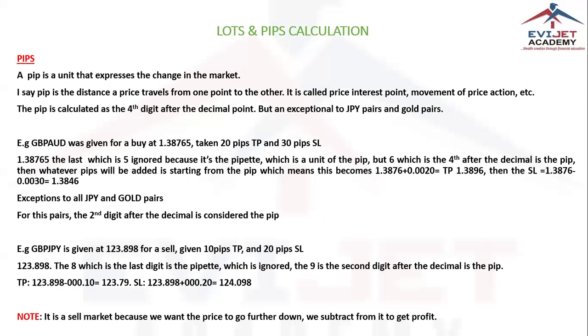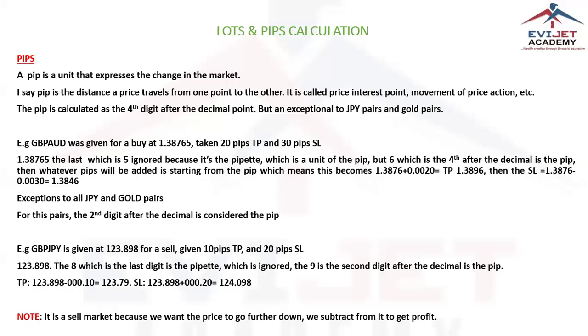So now let's look at this. In 1.38765, the last digit, which is 5, is ignored because it's called a pipette, which is a unit of a pip. But 6, which is the fourth after the decimal, is the pip. Whatever pips will be added start from the pip, which means it becomes 1.3876.